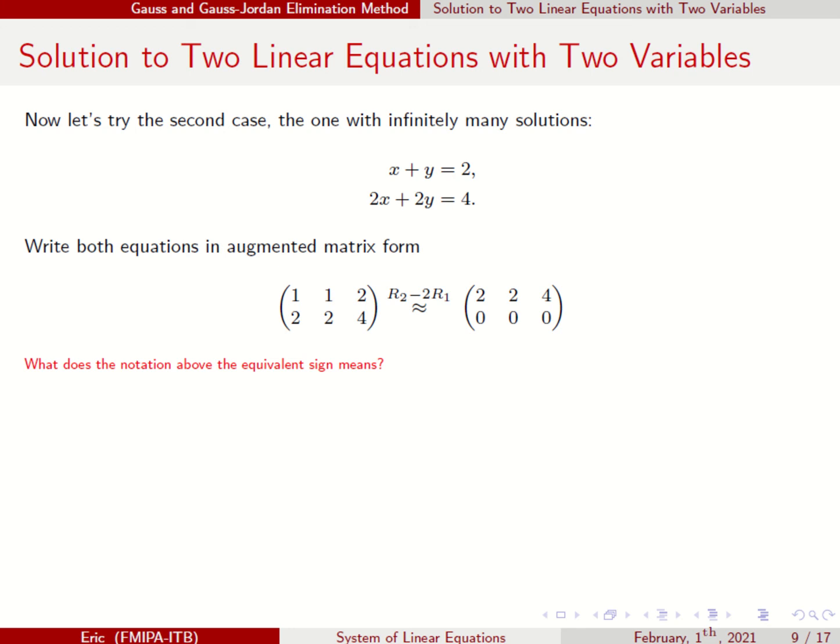Instead, you just have one equation, x plus y equals 2. So how many solutions can you have? Infinitely many solutions, because you want to look for x and y that satisfy this equation. There are lots of them, like 0 and 2, 1 and 1, 1.5, and so on.